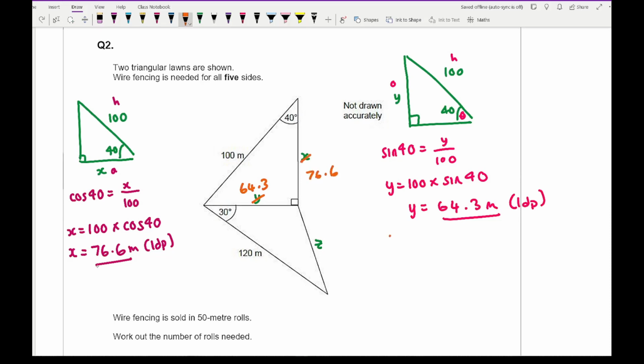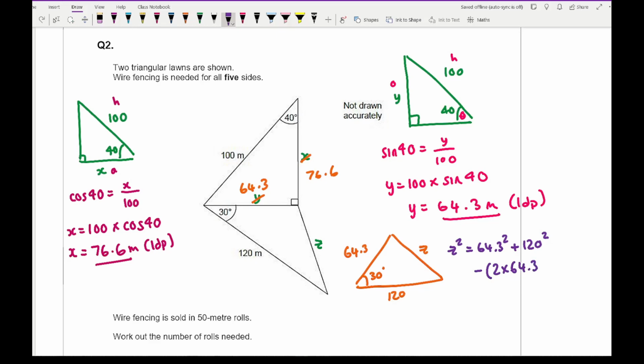76.6. So if I take the other triangle that involves z, then this length here is 64.3, this length here is 120, and this length here is 30. Well, here I'm going to use the cosine rule to work out z. So z squared equals 64.3 squared added to 120 squared minus 2 lots of 64.3 times 120 multiplied by cos 30.